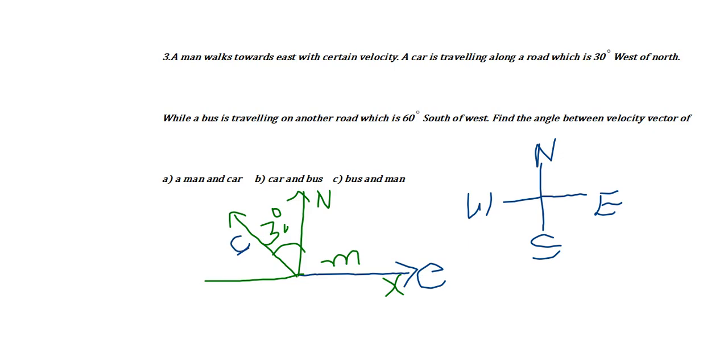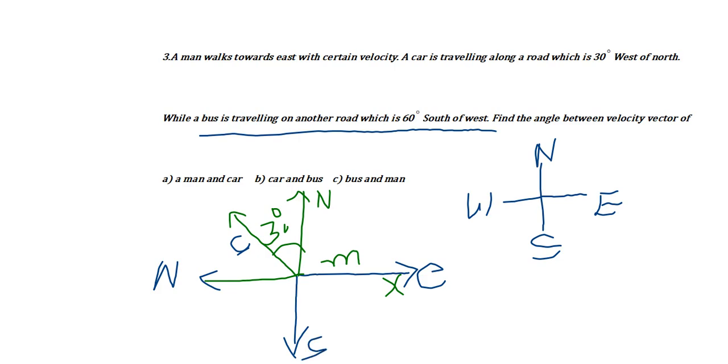Next given is, a bus is traveling on another road which is 60 degrees south of west. 60 degrees south of west. This is west. This is south direction.